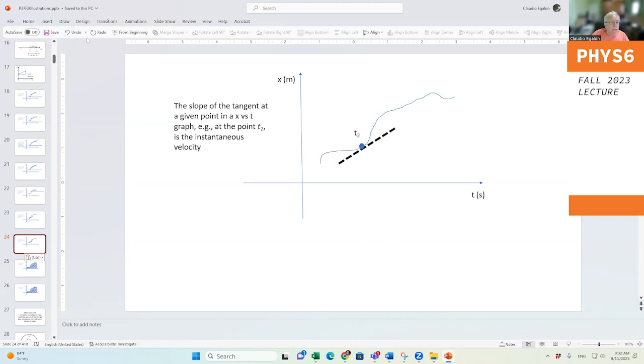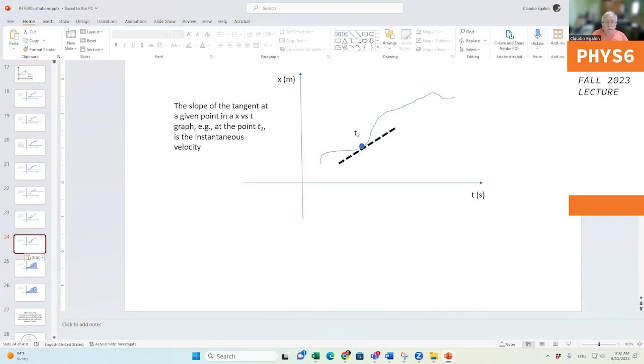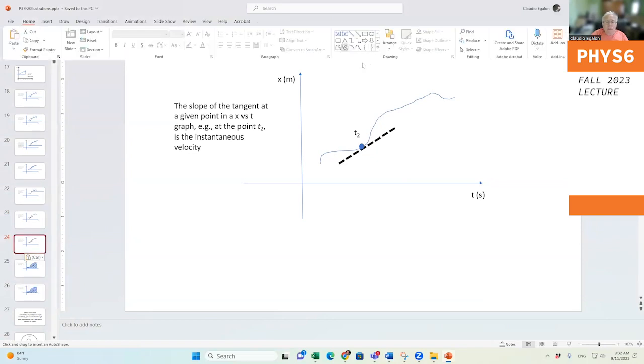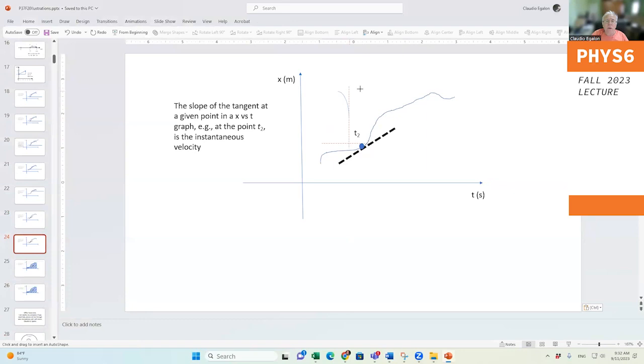Hang in there, hopefully I'll be able to answer your question. You mean whether the tangent line is going to intersect another point on the curve? Yeah. It's possible that we intersect another point in the curve.